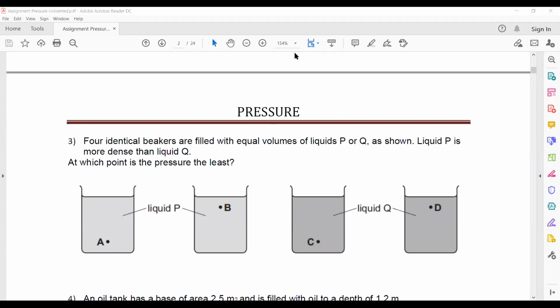First thing, liquid P is more dense than liquid Q, so P will apply more pressure, so it should be Q. And then you check the depth. D is the right answer. Why? Because we need the least pressure, the one which will apply the smallest amount of pressure.